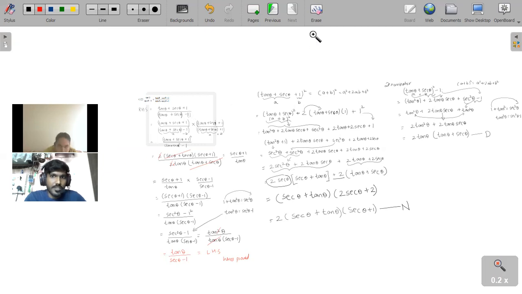Okay. Should I stop screen share? No, I've not written anything, right? I thought you were taking a screenshot of the last part, the denominator.